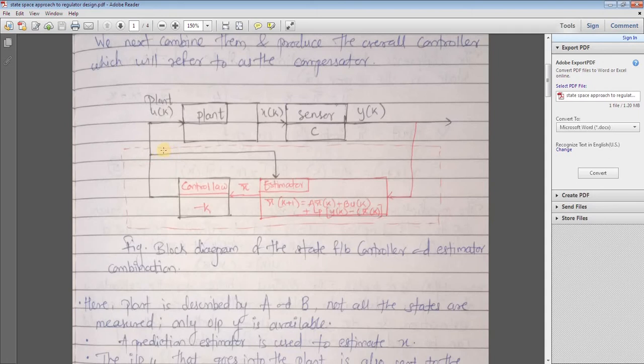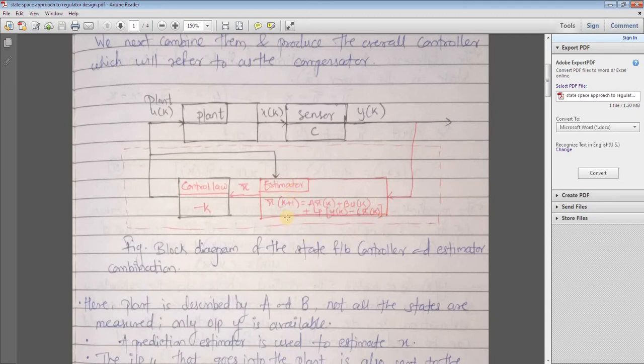The output from the compensator is u to the plant, which from the input-output viewpoint is similar to the traditional feedback controller.